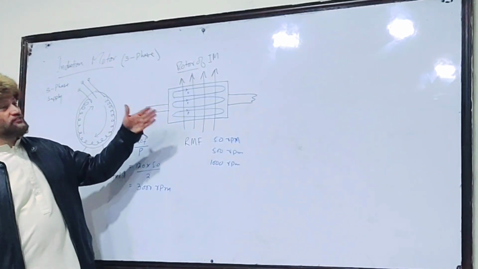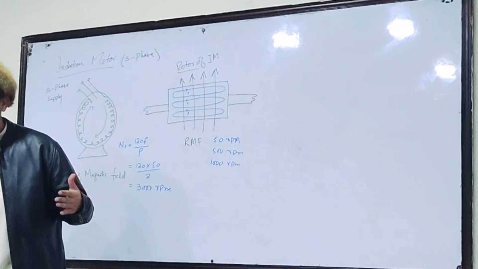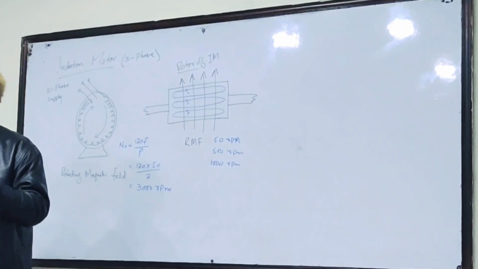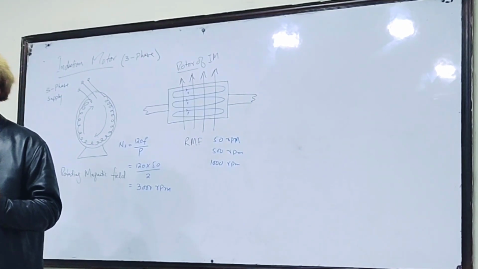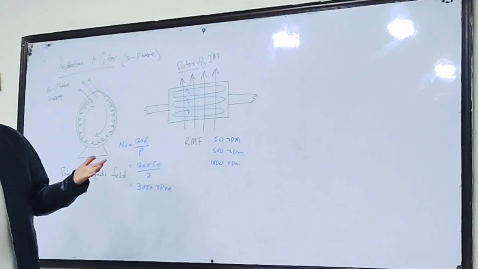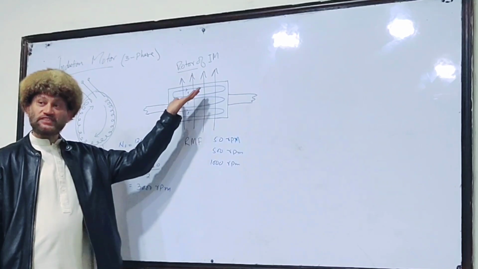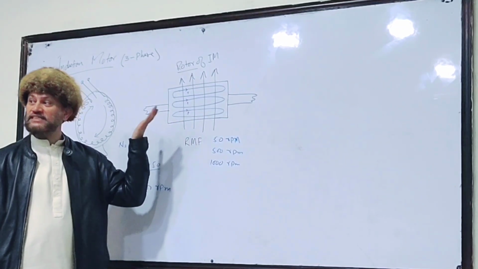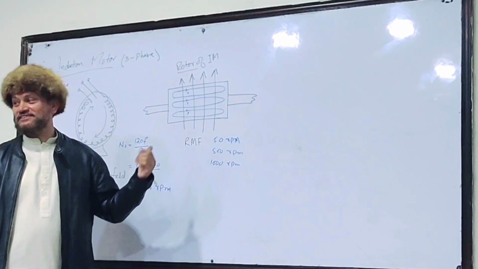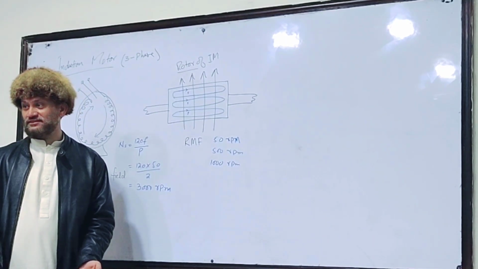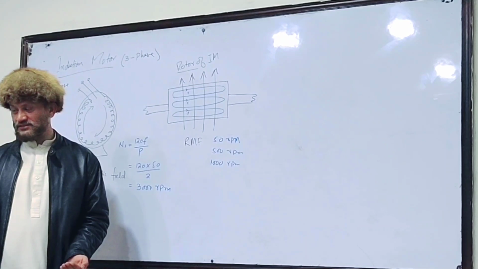But when the speed of this rotor is increasing, the force on these conductors will be decreasing, you know. Why? Because when the speed of the rotor is increasing, the cutting of these bars by the rotating magnetic field is decreasing. The relative speed is decreasing.